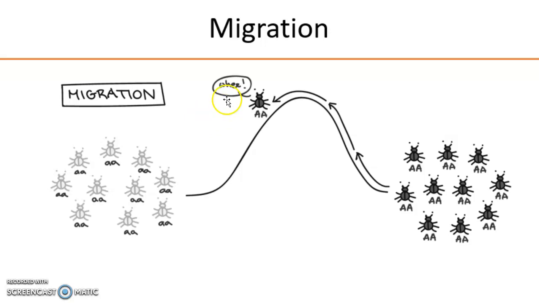And so by doing so, once this homozygous dominant starts mating with this homozygous recessive, we are now introducing the dominant allele, right? We are shifting the gene pool here because now there's going to be the possibility of the darker colored bugs. And so this is the idea of migration, where we have two well-established populations, but individuals going between the two are going to alter the gene pool.